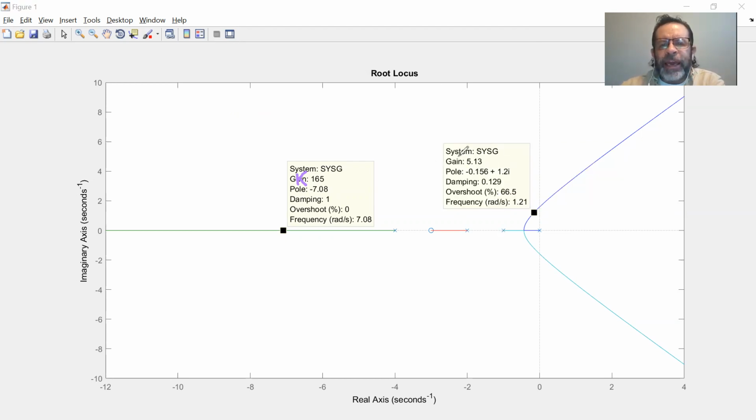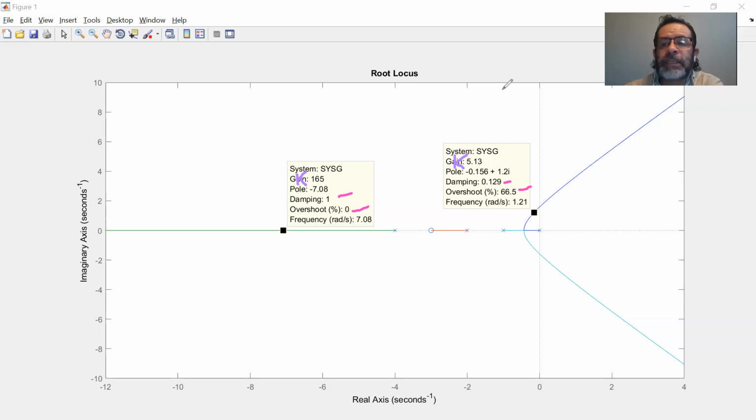The value of K here is 5.13. And the damping is going to be 0.129, and the overshoot is 66.5. This is extremely useful because I can just look through the points and find points within the root locus that give me values according to the design parameters I'm looking for.